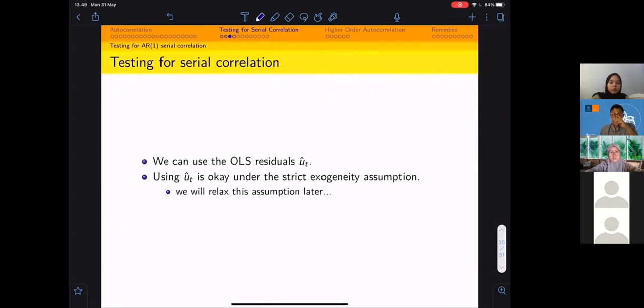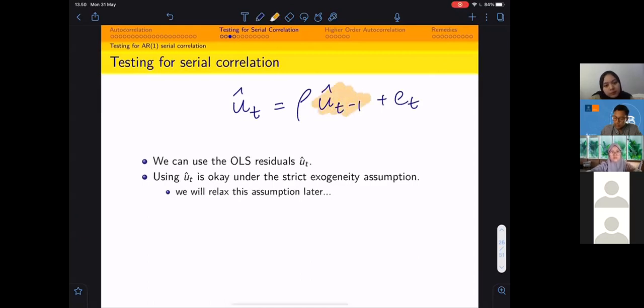Now, in this particular discussion, we're going to assume the strict exogeneity assumption. If you recall the specification, the strict exogeneity assumption means that there is no correlation between the shock and the residual at t-1.